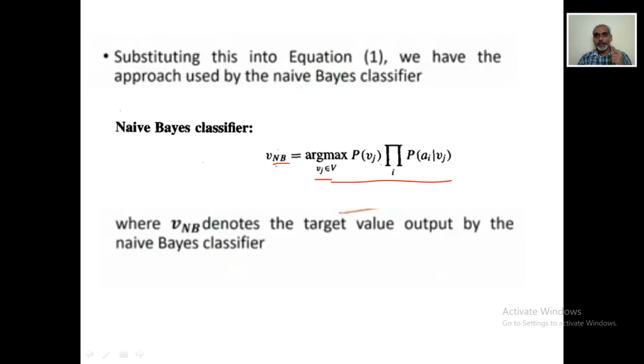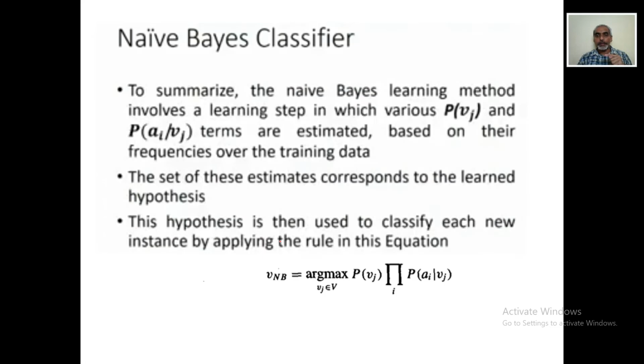What is this NB? NB means naive Bayes classifier. Till the previous equation we were calling it VMAP. Now we are going to call it VNB. So this VNB denotes the target value output by the naive Bayes classifier. This will be more clear when we take up the example.